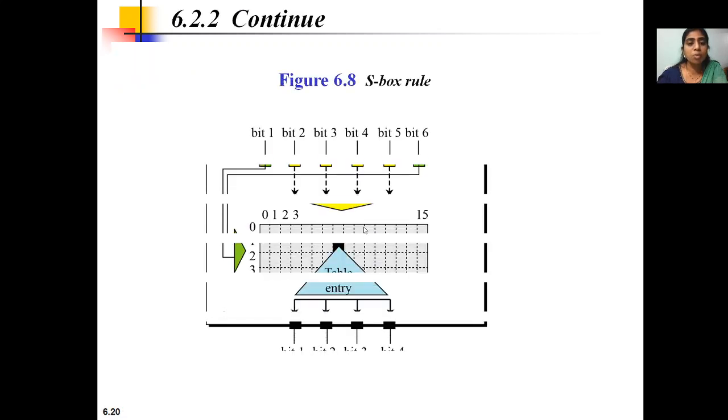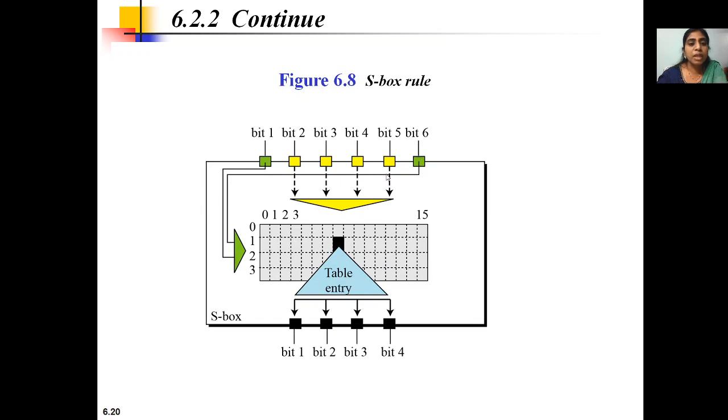In the S box rule, we can find the 6 bits here. In the 6 bits, the first bit and the last bit become the row value and the middle 4 bits become the column value.